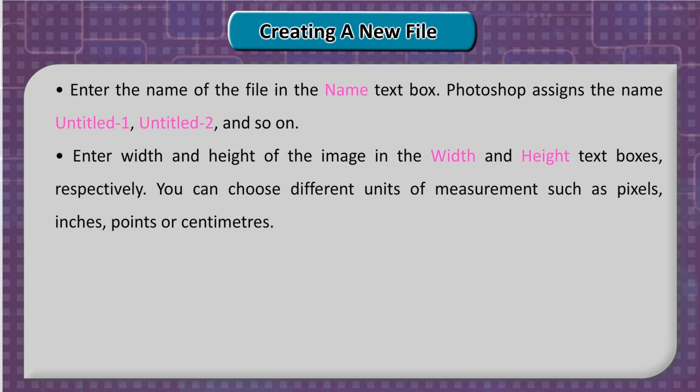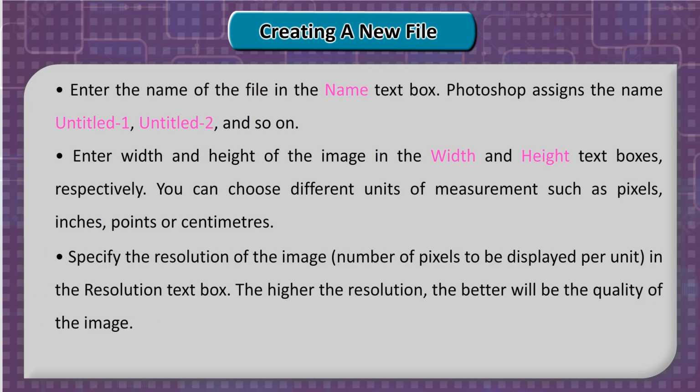Enter width and height of the image in the Width and Height text boxes, respectively. You can choose different units of measurement such as pixels, inches, points or centimeters. Specify the resolution of the image, number of pixels to be displayed per unit, in the Resolution text box. The higher the resolution, the better will be the quality of the image.